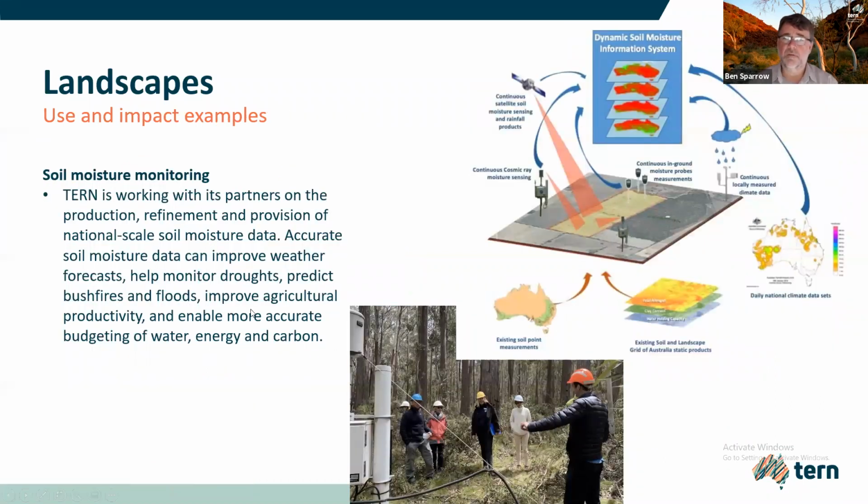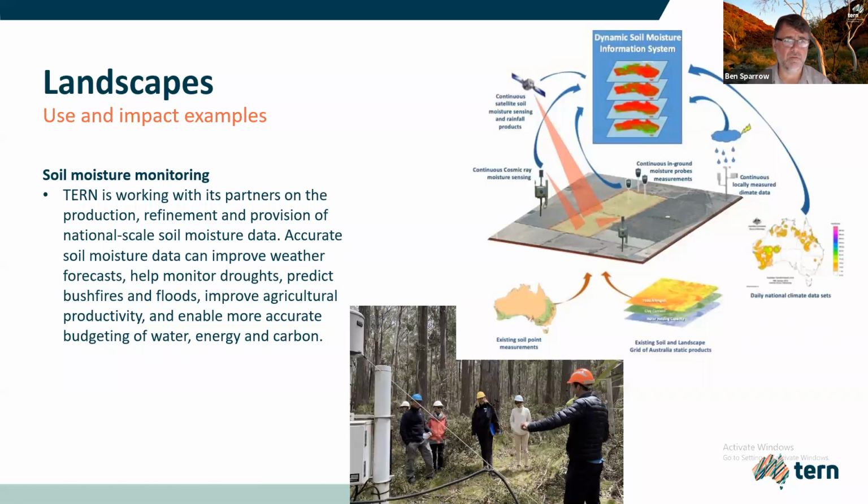Some of the uses of that data: there's way too many uses of all of our different data types to do a comprehensive list within a short webinar. But just for each of the scales of monitoring, I'll give a few examples.